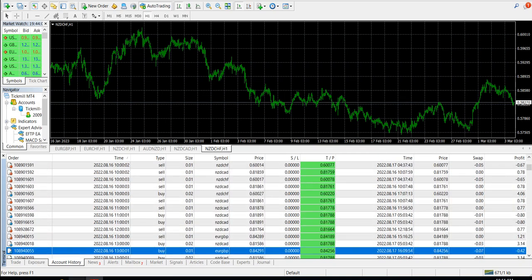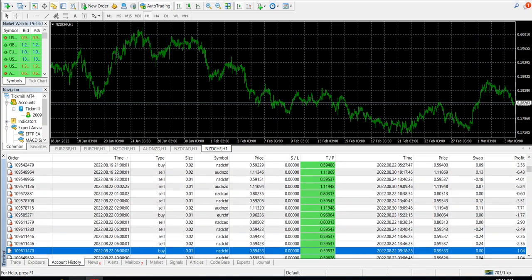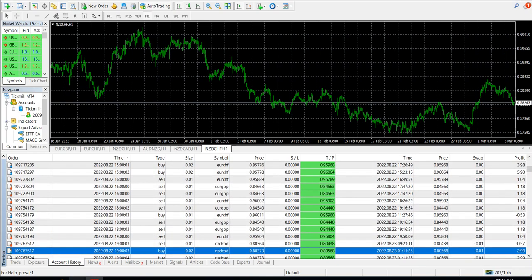If you are using different pairs, then it will diversify the risk, right? In this account, I have used 2 Euro pairs, 2 NZD pairs, and 1 AUD pair. But what I suggest, and I have suggested previously as well, is to use different kinds of pairs. Do not use the same kind of pairs together.